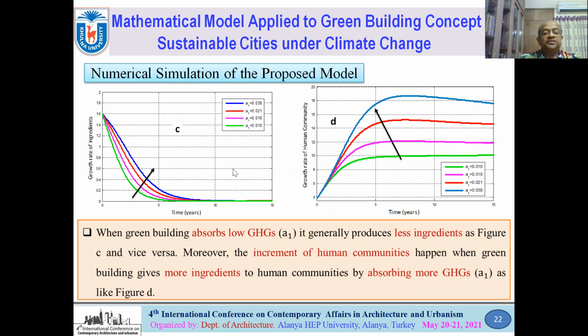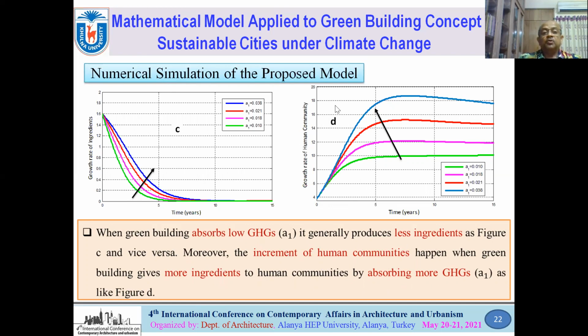And in another figure here you can see, if the green building absorbs low greenhouse gases, it generally produces less ingredients, and in a similar way for the human community. If the human community increases, then the green building gives more ingredients to the human communities by absorbing more greenhouse gases.